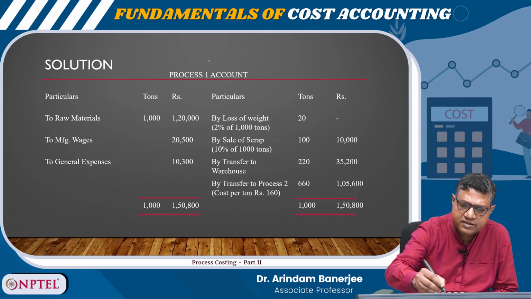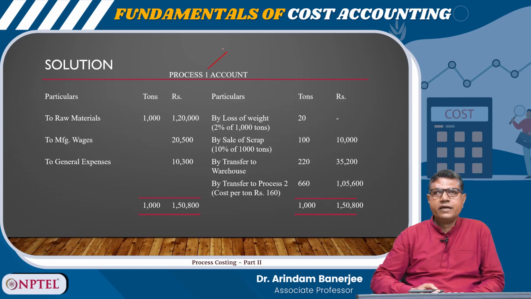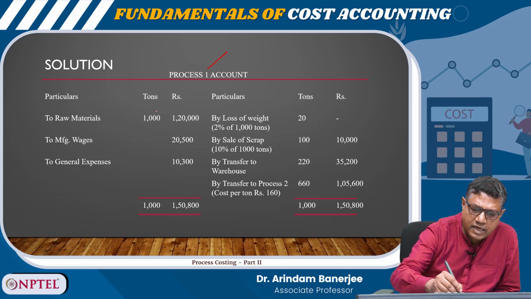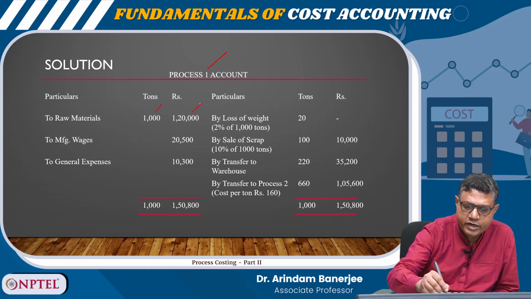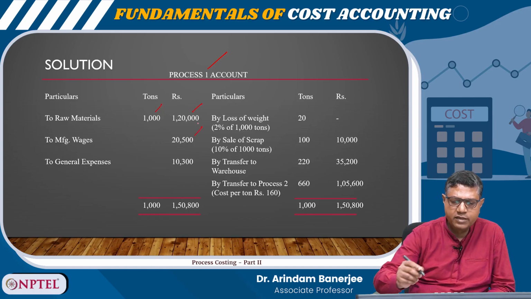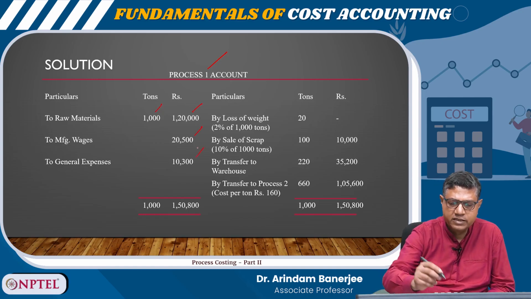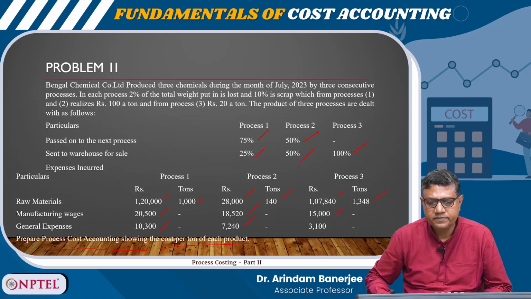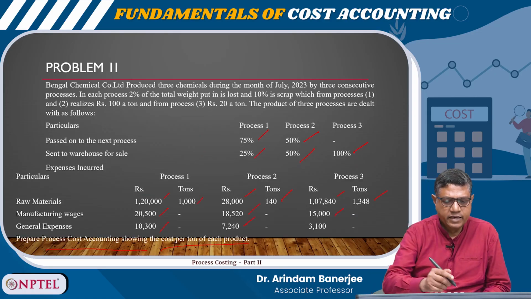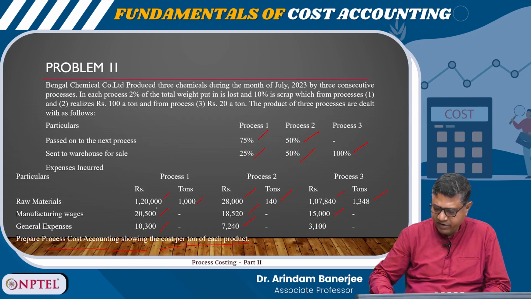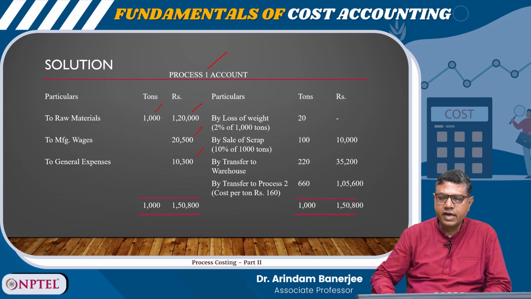So, in the first stage, I created the process 1 account, right. The process 1 account: 1,000 tons at 1,20,000 is the value, manufacturing wages 20,500 and general expenses 10,300.